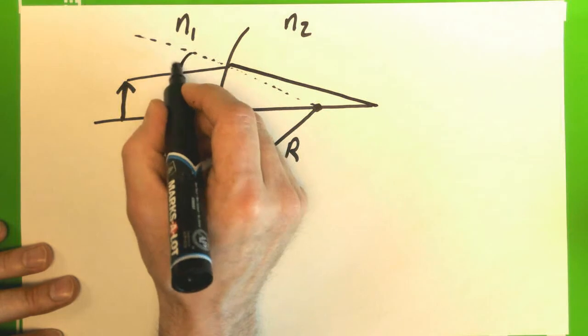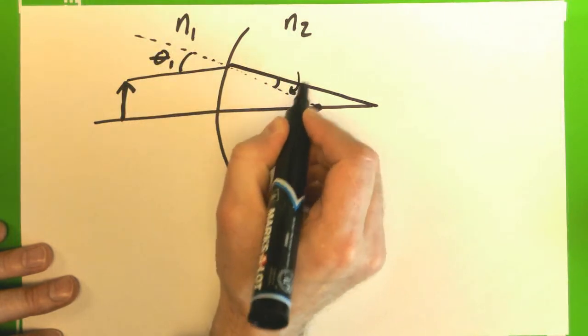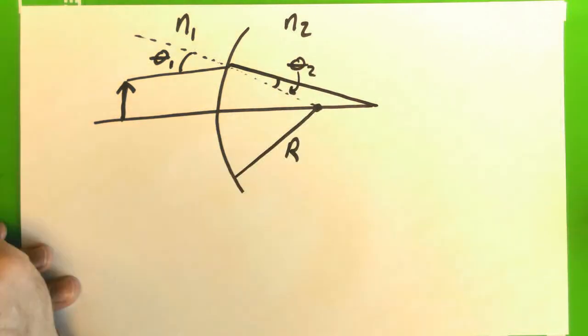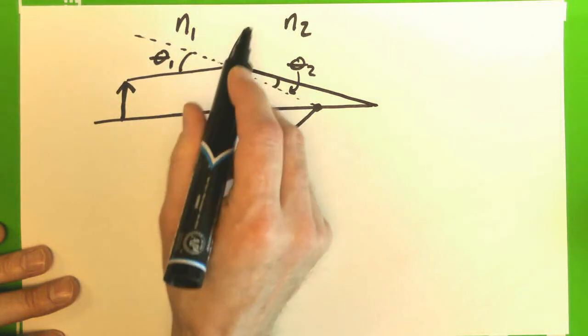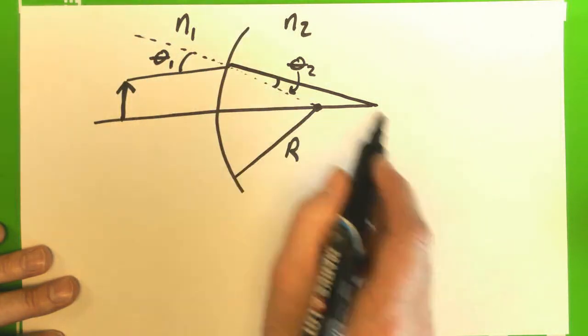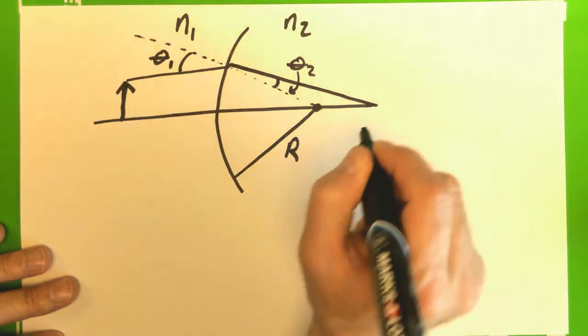And this would be my theta 1, and this would be my theta 2 from Snell's law. Now, I could keep doing that at all sorts of positions along this, and those rays would converge at that point, or some point over here, and I would create an image somewhere over here.